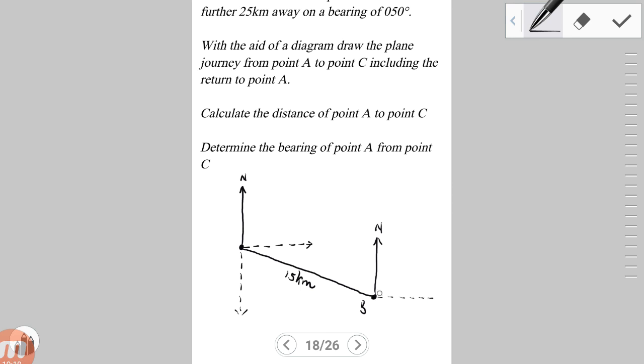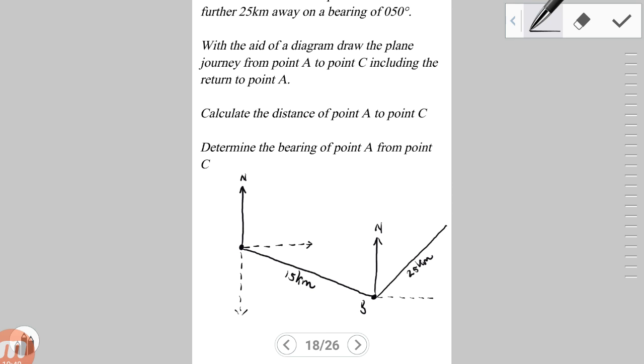And so 50 degrees is almost between 0 and 90. So it's not exactly between, just a little bit more, but just an estimation that it's going to be about here. Okay, all right. And so this is going to be 25 kilometers.